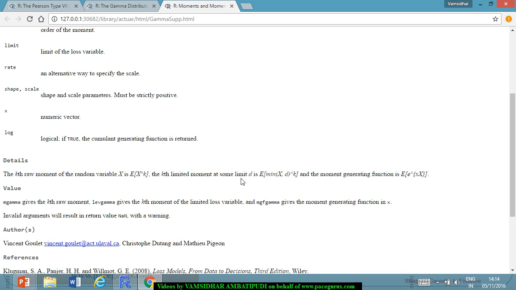The kth limited moment at some limit value d is the expected value of the minimum of x and d, to the power k. So I don't always need to take x; whichever is the minimum between x and d, I take that to the power k. In reinsurance scenarios, I can take the help of this limited moment. And the moment generating function is the expected value of e to the power of dx. So we can get all those three.